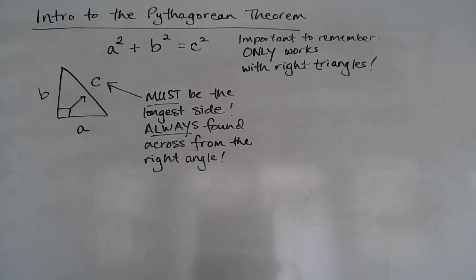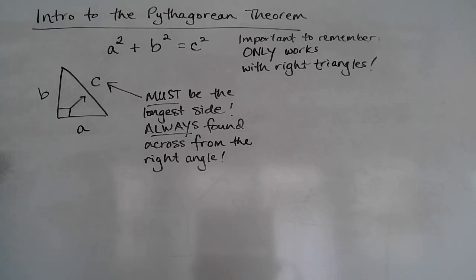All right, so let's talk about C. C must be the longest side. It's always found across from the right angle. And if you think about that for a moment, it does make sense that it has to be across from the right angle. If you go back to how many degrees are in any triangle, hopefully you remember that's 180.